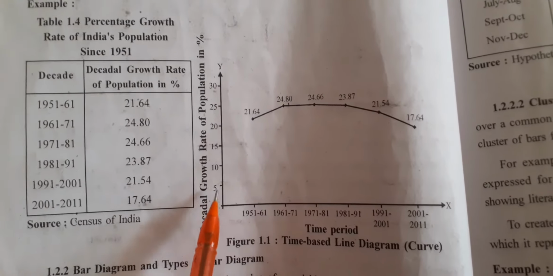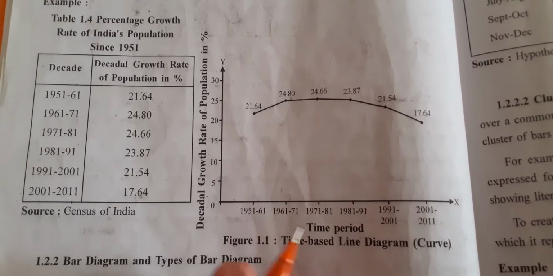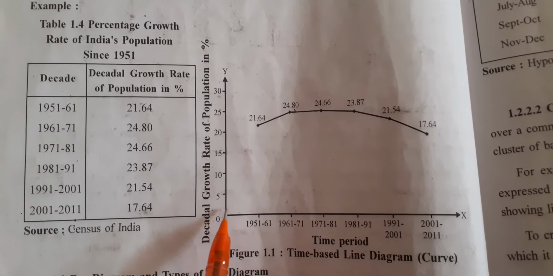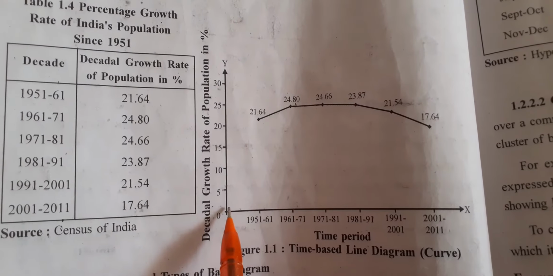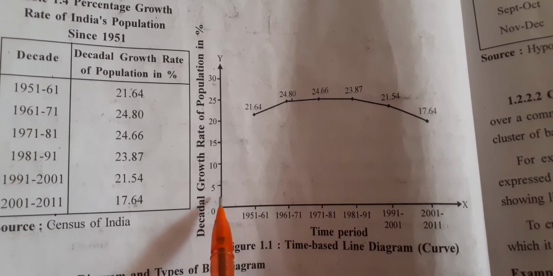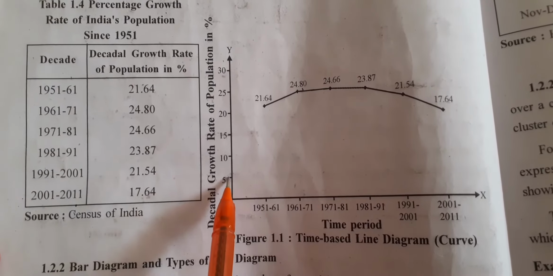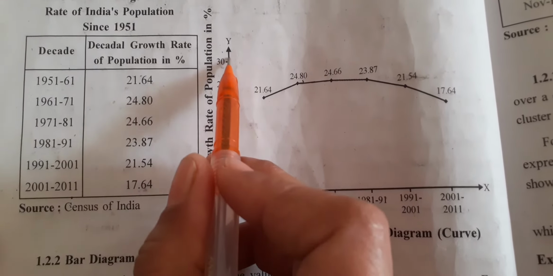So they have taken the gap of 5. If you take the gap of 10, it will become very short, and if you keep a gap of 1, it will become too long. You can keep a gap of 2 also. But here they have taken a gap of 5: 5, then 10, 15, 20, 25, 30.